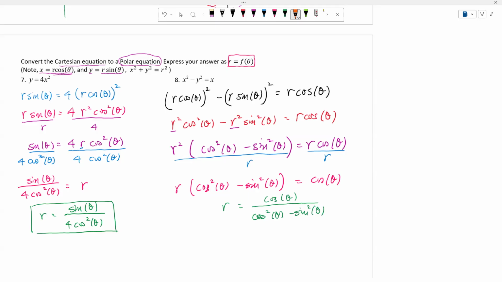Of course, if you remember that cosine square theta minus sine square theta is cosine 2 theta, then we could do this too.